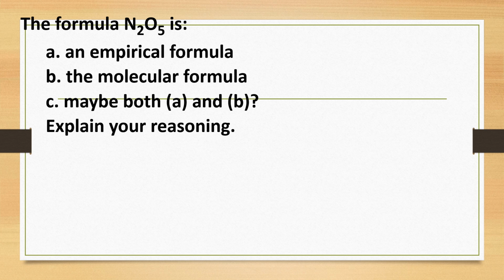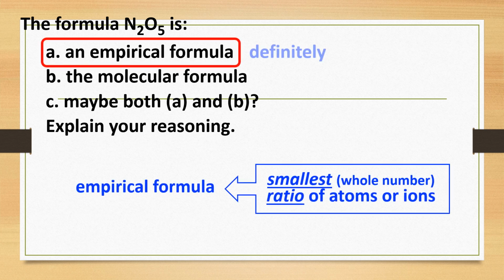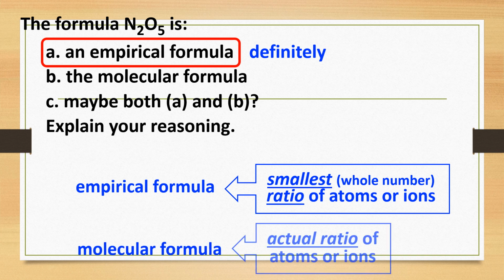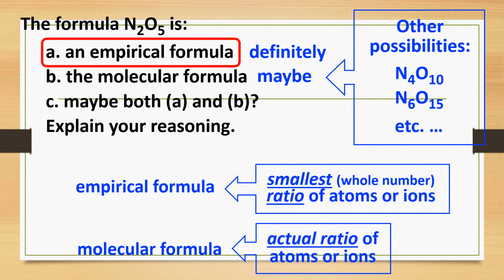For example, it could be N2O5, or it could be something along the lines of N6O15, and they could continue to multiply. So is N2O5 our actual molecule? It can be, but it doesn't have to be. Then how do we determine that?